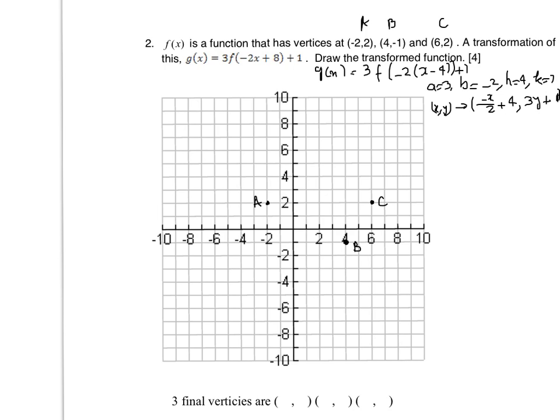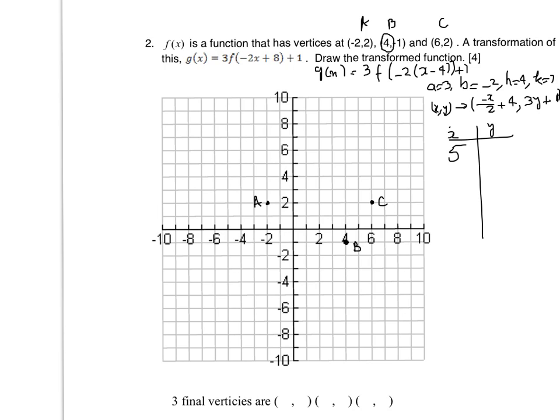Now, our original one, if we apply this transformation, every x is going to be multiplied by negative 1 divided by 2. So negative 2 times negative 1 over 2 is going to give you 1. 1 plus 4 is going to give me 5. Now 4, I look at this one. This is the original one. 4 times negative 1 is negative 4, divided by 2 is negative 2.